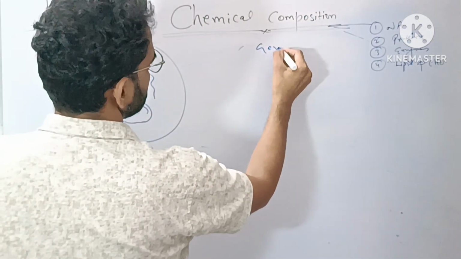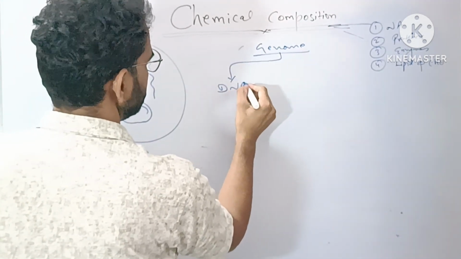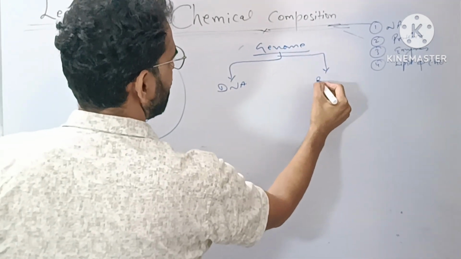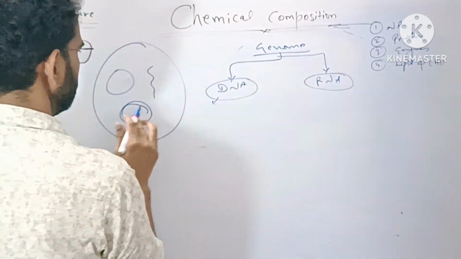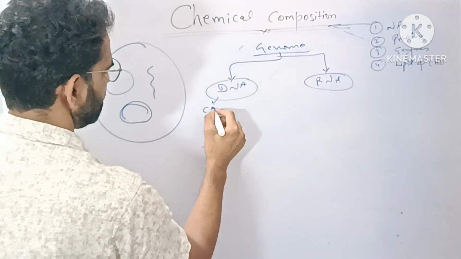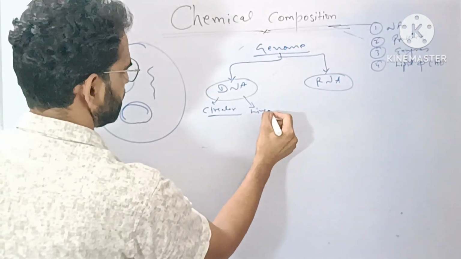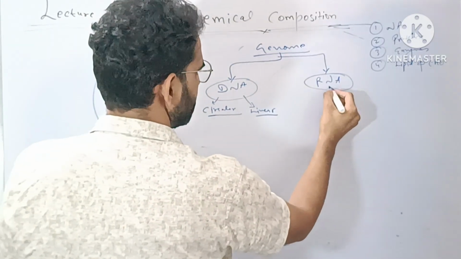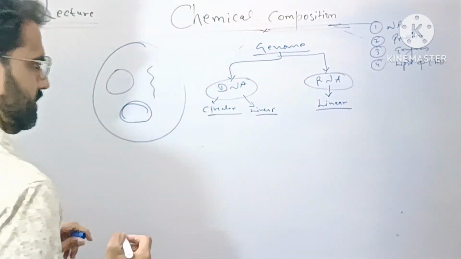So we are discussing the genome, that is DNA or RNA, but never both. This DNA may be in the form of circular and linear, but RNA is usually a linear structure.